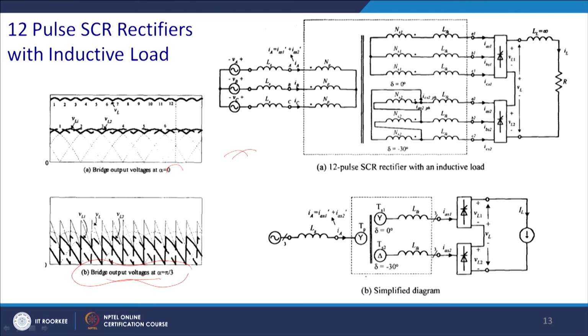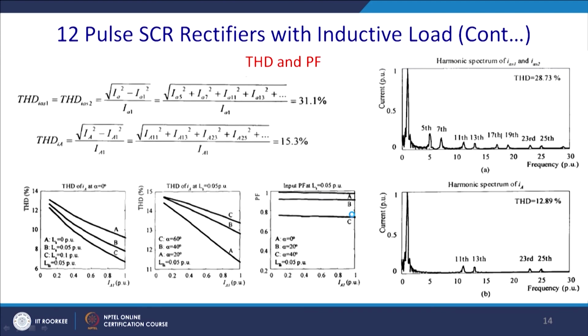Similarly, if you put them in series, with alpha equal to 30 degree, this is the simplified diagram, and ultimately you will get this current profile ISA and ISB.